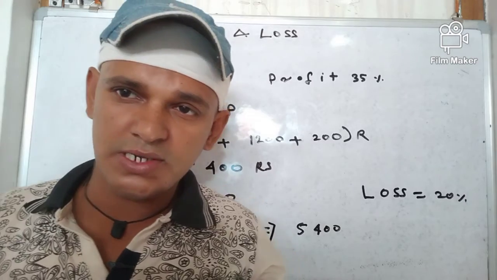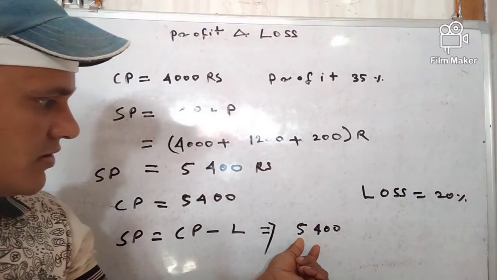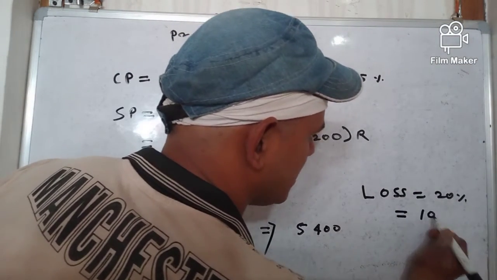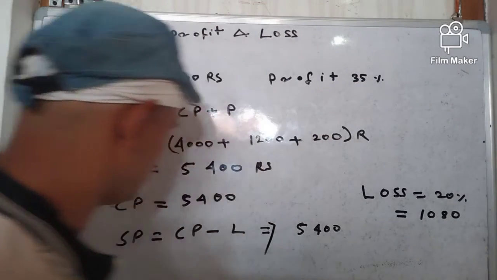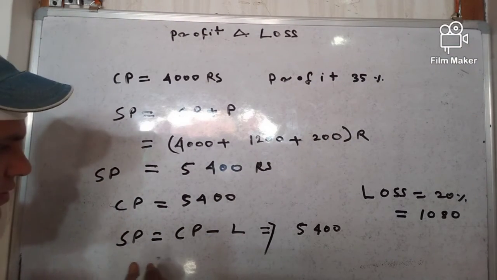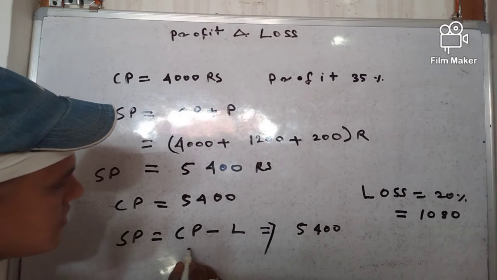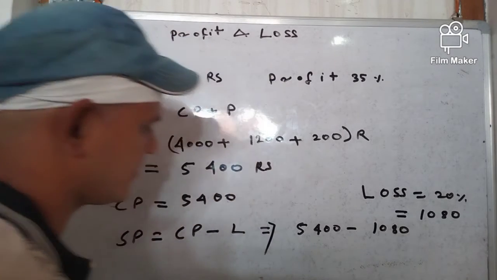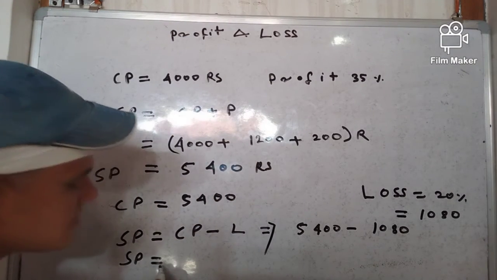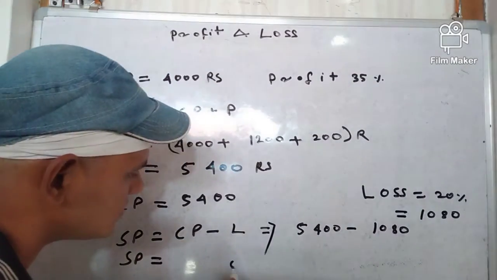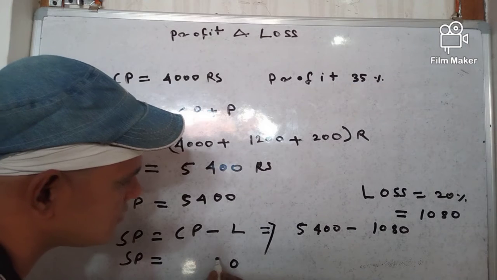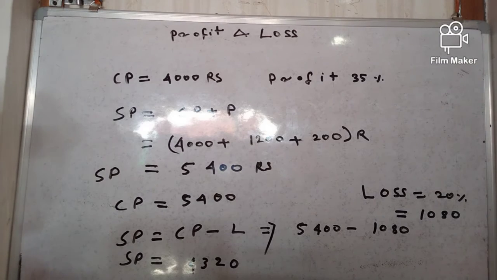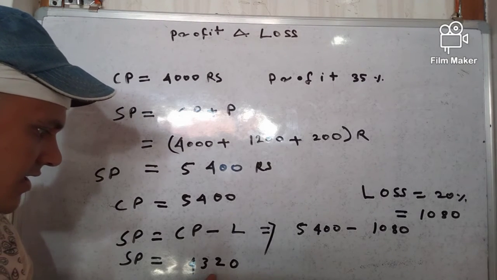What about 20%? 540 into 2 will be 1080. So minus 1080. So selling price equals 4320.